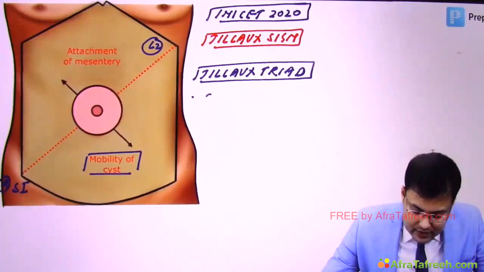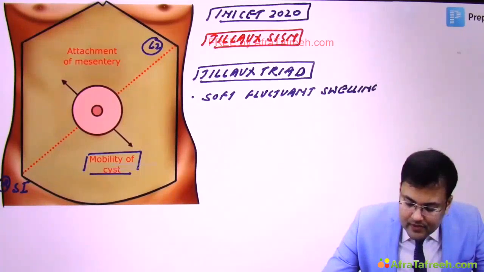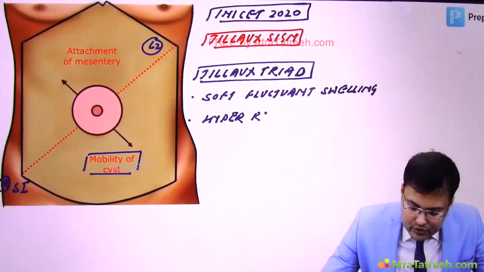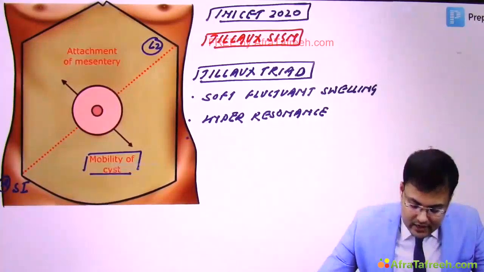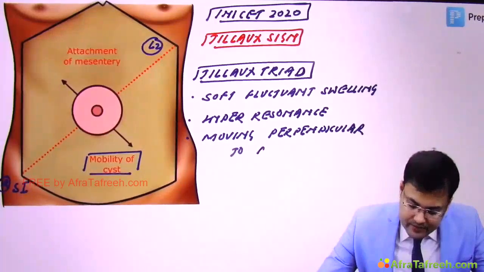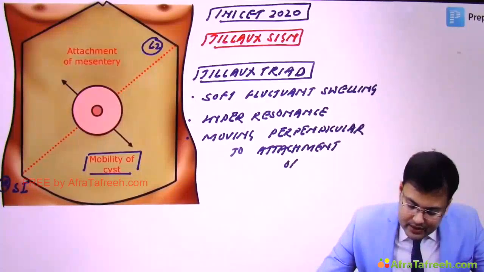The components: soft fluctuant swelling in the periumbilical region, zone of hyperresonance around the swelling, and moving perpendicular to the attachment of mesentery. Clear? These are the frequently asked questions.